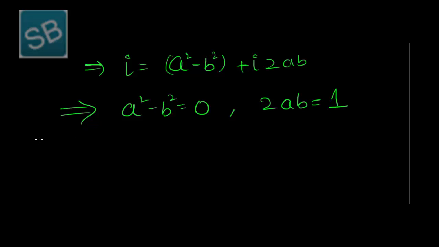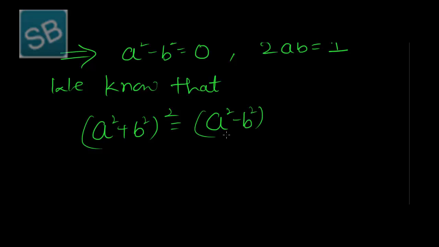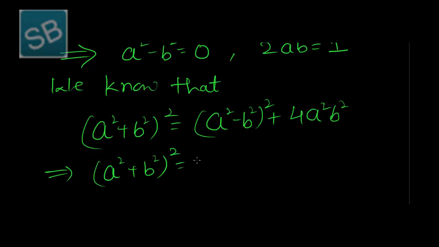Also we know that a square plus b square whole square is equal to a square minus b square whole square plus 4a square b square. That gives a square plus b square whole square is equal to 0 plus 1 square.